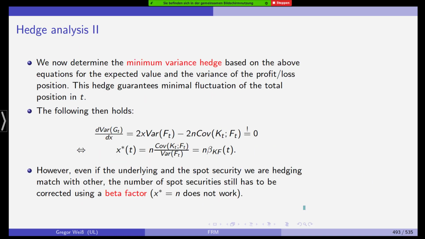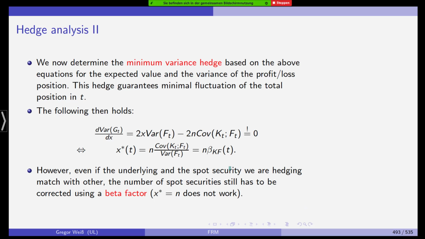We can now determine the minimum variance hedge. That is the hedge, the number X of futures we need, to reduce the variance of the profit and loss to zero. In other words, how many futures do we need to reduce the risk to zero?